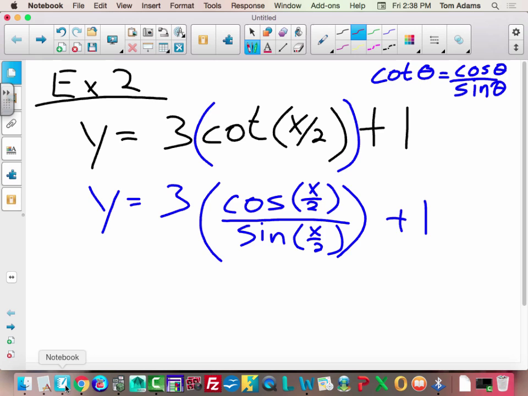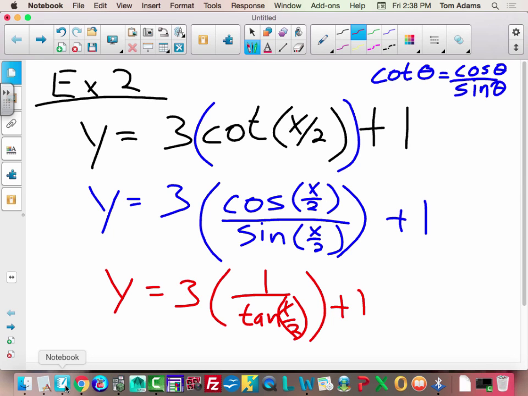Another way that you could do it, you could say y equals 3, 1 over tangent of x over 2 plus 1. And I apologize, I'm having some problems with the calibration of the whiteboard.